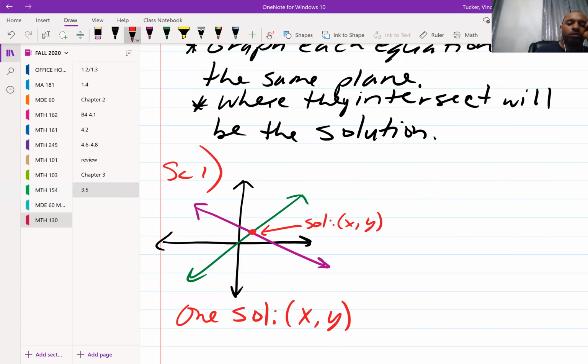So that's your first scenario, one solution. You graph the two lines on the same plane, and where they intersect is your solution.